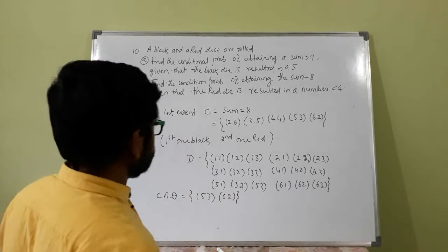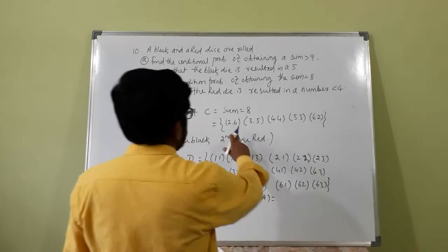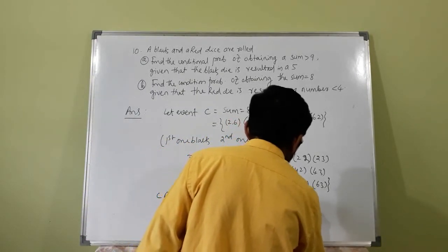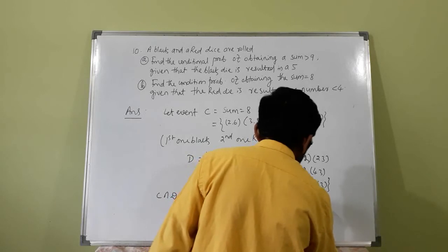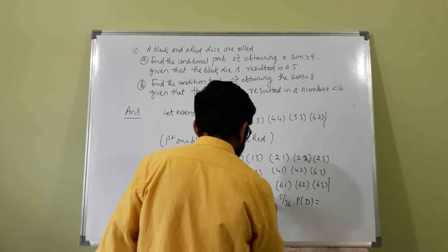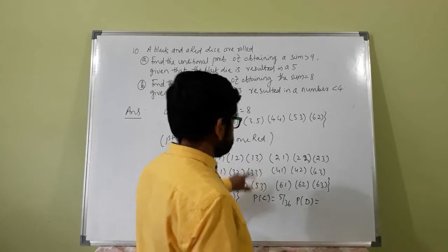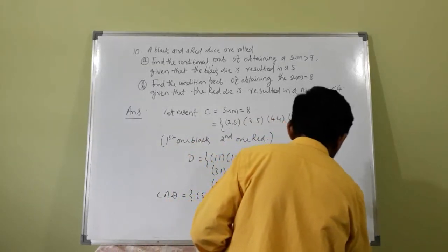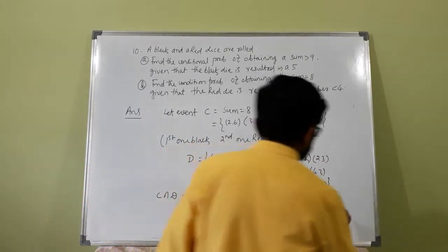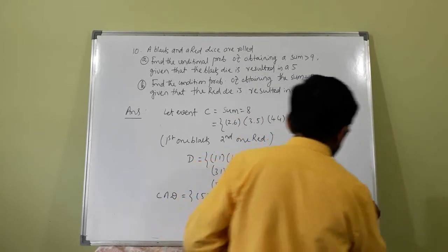Therefore, probability of C is 5 by 36. Probability of D is 18 by 36. Probability of C intersection D is 2 by 36.